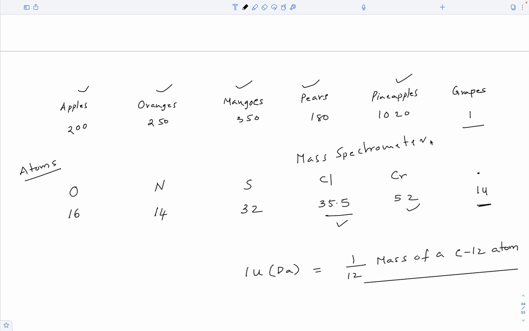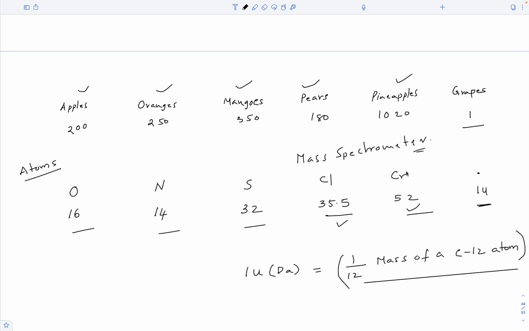So mass spectrometer is a kind of balance that we use to compare the masses of different atoms with 1/12 of the mass of a C12 atom. And here are the approximate relative atomic masses or atomic weights of some elements.